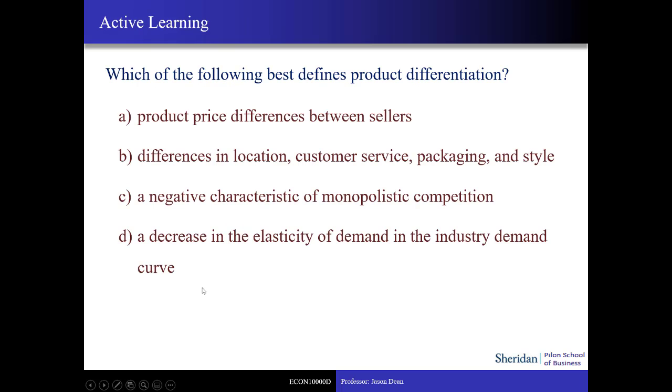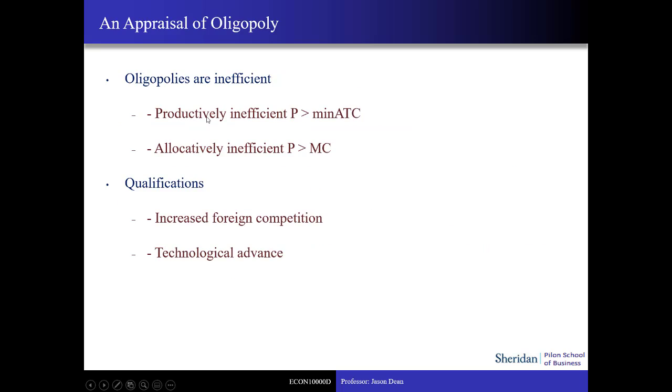So the bottom line with oligopolies is, just in general, again, there's no overall theory like before where we can say they're always going to charge a higher price or a lower quantity. But because of their market power and that they're very large, they would tend to be not productively or allocatively efficient.